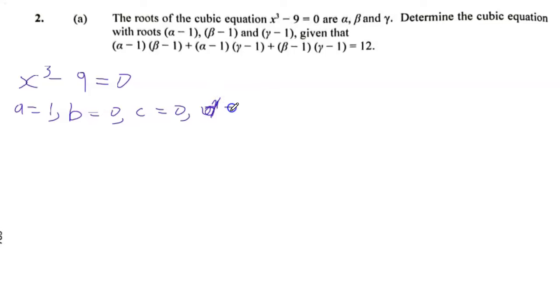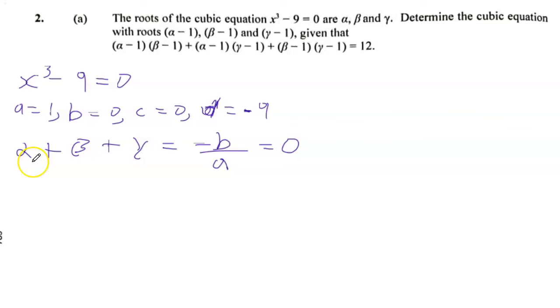So this is how we label the coefficients for the cubic polynomial a, b, c, d. So the roots are alpha, beta, and gamma. So we know the sum of the roots, alpha plus beta plus gamma, is negative b over a. Now b is 0 and a is 1. So 0 over 1, that's 0.